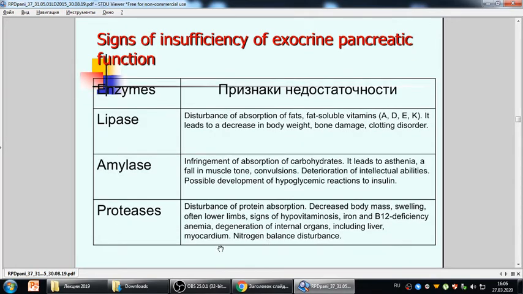And because of this deficiency of 3 types of enzymes, mostly lipase, amylase, proteases, we have signs of insufficiency. Due to disturbance of destruction of lipids, we have deficiency of lipid absorption and of fat-soluble vitamins A, D, E, K. That's why it leads to decrease of body weight, bone damage because of D deficiency, clotting disorders because of vitamin K deficiency.